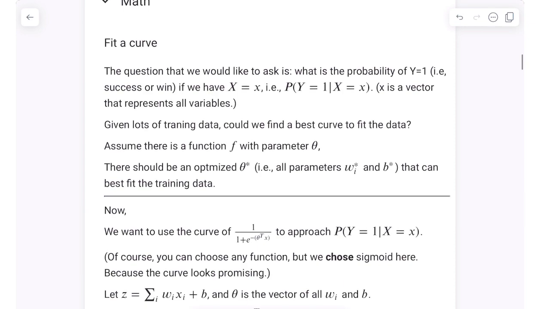Again, the probability we mentioned right here is a conditional probability.